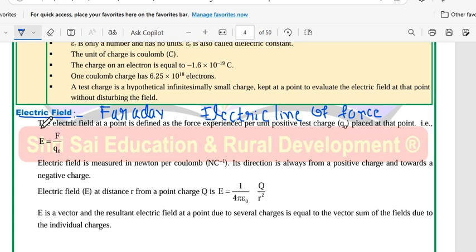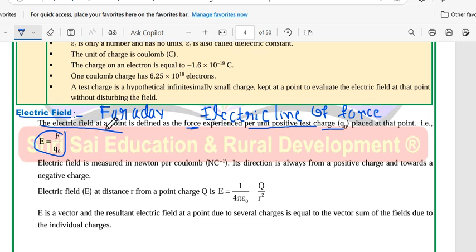The electric field at a point is defined as the force experienced per unit positive test charge, that is Q naught, placed at that point. By seeing the mathematical expression, you can derive the definition.